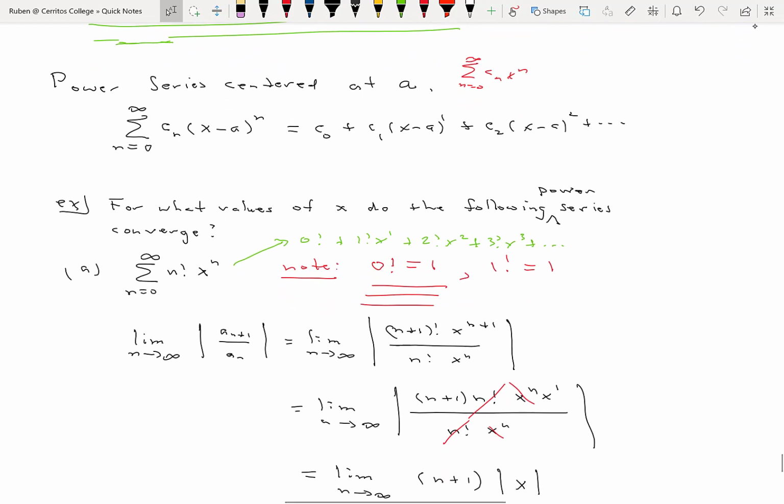So we're left with the absolute value of x and n plus 1. The absolute value isn't necessary on n plus 1 because n plus 1 is positive, but x is not necessarily positive. x is that variable that goes into our series, so we keep the absolute value on that. What is that limit? Well, x doesn't depend on n, so evaluating this limit doesn't involve x.